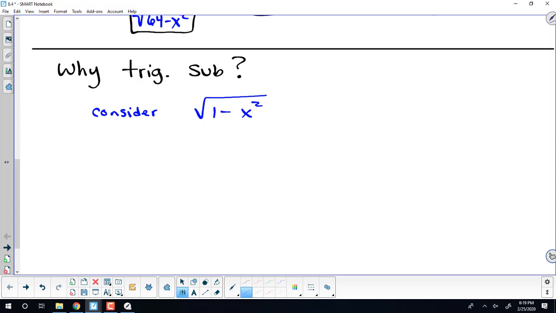So if I say, I don't really know what this is, I can't simplify it any further, but let's let x equal the sine of theta. Again, why would we do that? Because now we can write this as the square root of 1 minus sine squared.